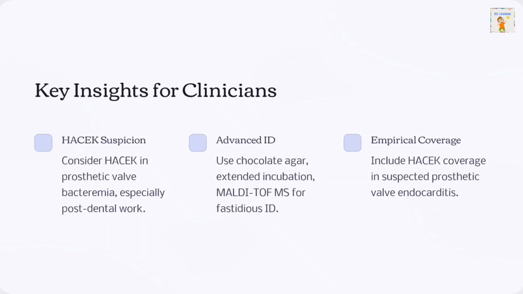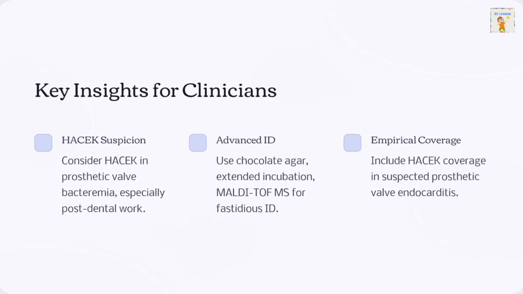What this tells us is we have to be aware of the possibility of HACEK group infections, especially in the background of prosthetic valve disease. We should use advanced diagnostics, including chocolate agar, prolonged incubation, MALDI-TOF MS, or multiplex PCR tests to come to the diagnosis.